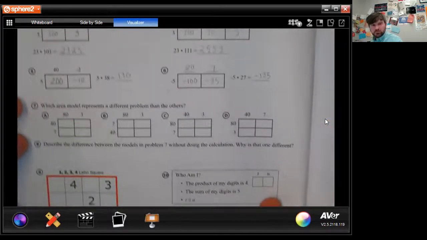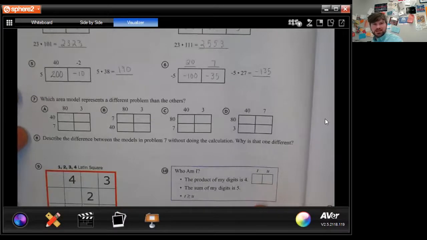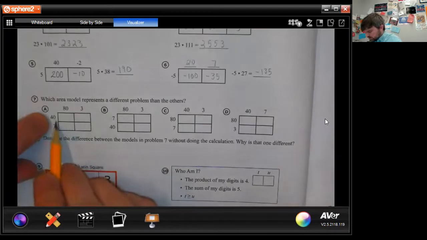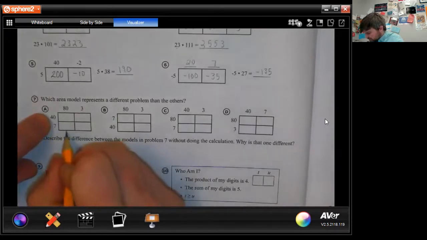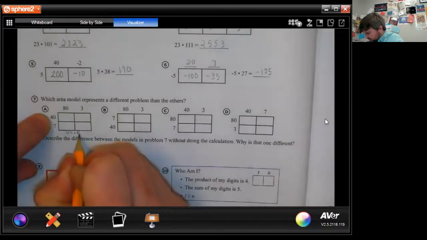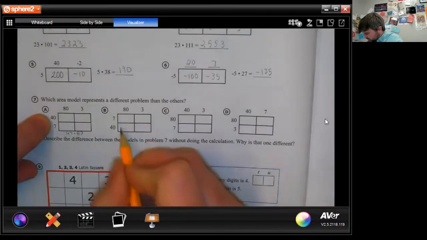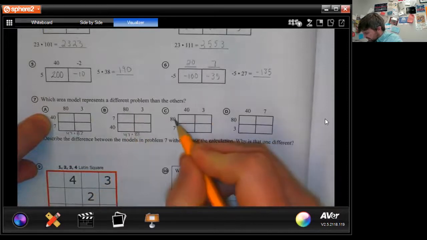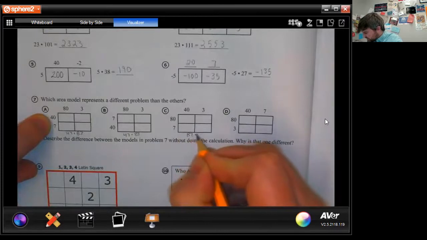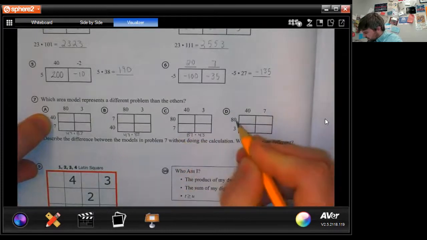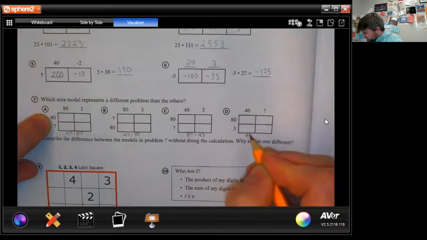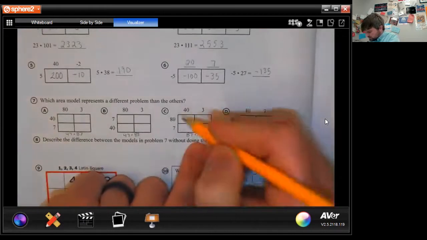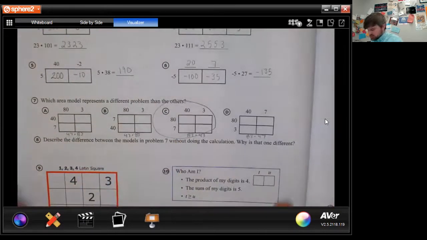Good. So number 7, which area model represents a different problem than the others? Okay, here you have 47. I'm just going to write it down here. 47 times 83. Here you got 47 times 83. Here you have 87 times 43. And 83 times 47. So this one is the one that doesn't match.